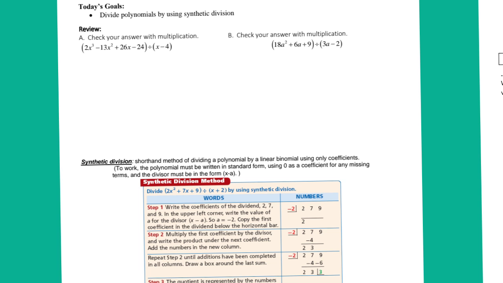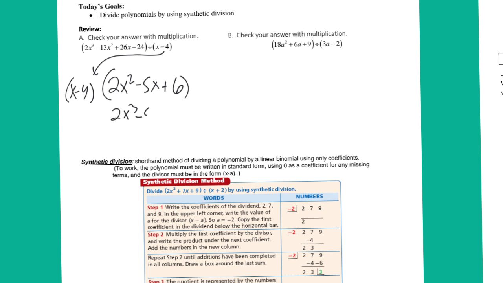And so this answer, if you long divide it, is actually 2x squared minus 5x plus 6. If you take that quotient and multiply it by this divisor, x minus 4, you get 2x cubed minus 5x squared plus 6x.